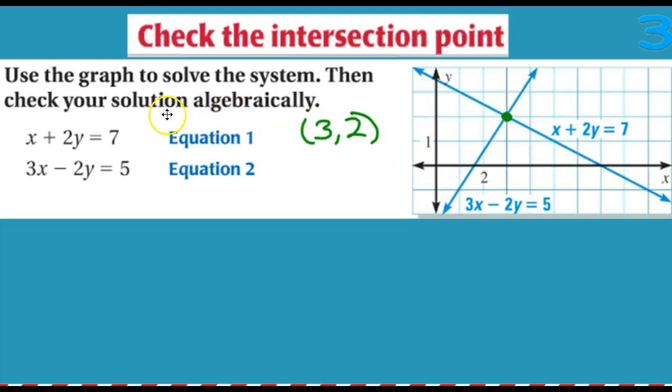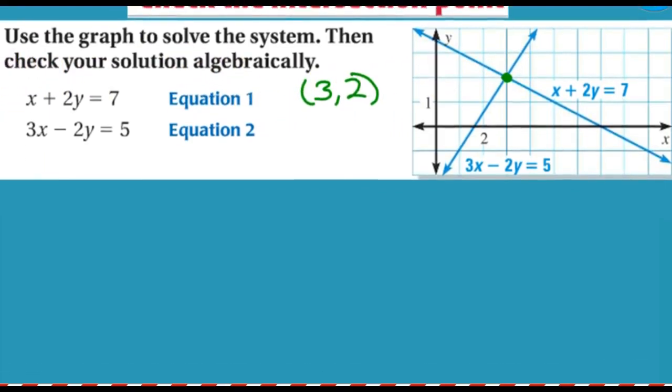Now to solve it algebraically, we need to put this into our equations to see if that works. 3 is our x, 2 is our y. So we put 3 in for x plus 2 times 2 equals 7. 2 times 2 gives us 4. 3 plus 4 equals 7. So we know this one works.